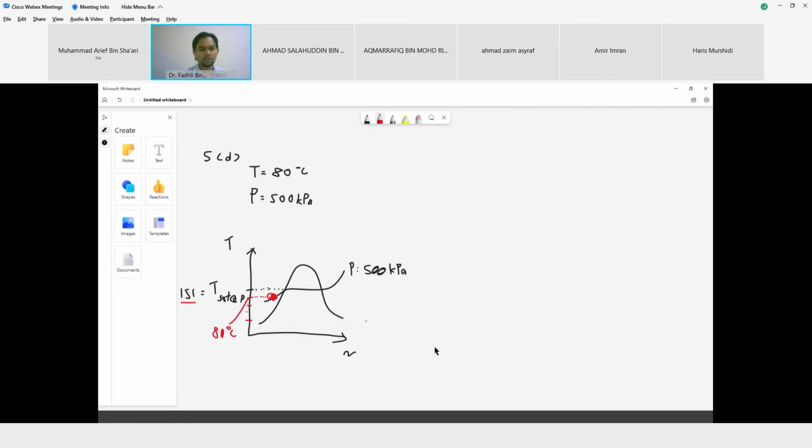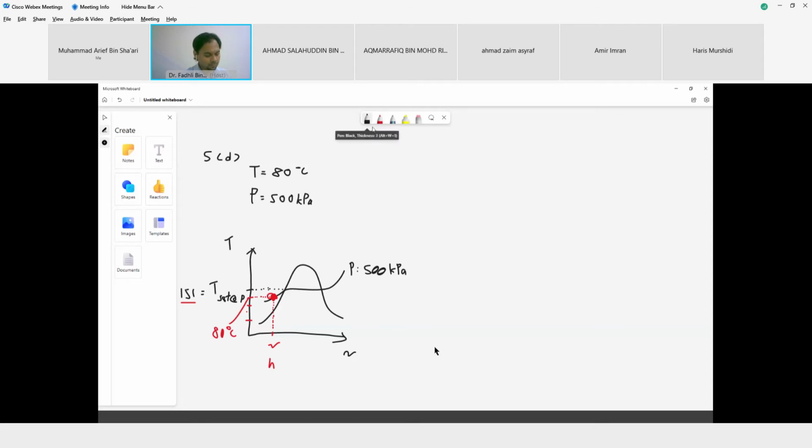So as I said just now, after you transfer all the information given, you can find additional information based on what you have learned in this diagram. So yang ini adalah nilai B yang perlu kita cari, ataupun H. Dalam case ni kita cari H kan.